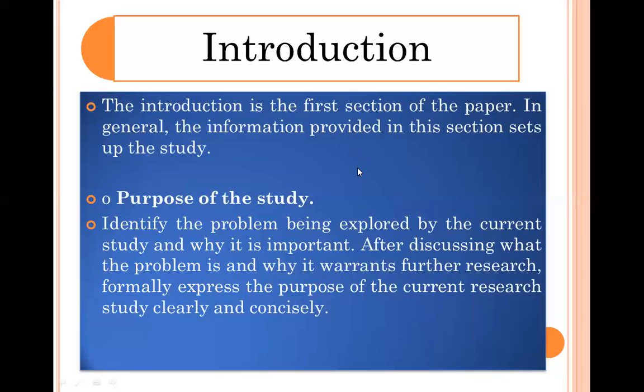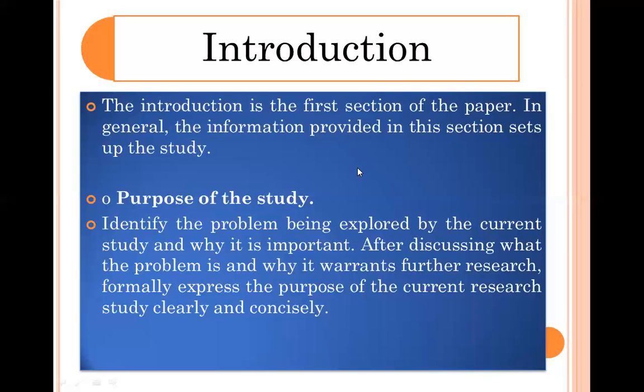And secondly, you should tell why it is important to do research on this particular topic. What situations warrant it? What circumstances demand it? And what situations compel me to take up this particular topic? Why is this particular problem important? And once you are able to tell these two things, then you'll be able to express the purpose of your research very clearly and concisely.